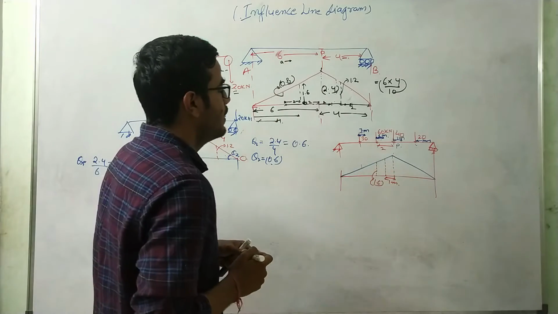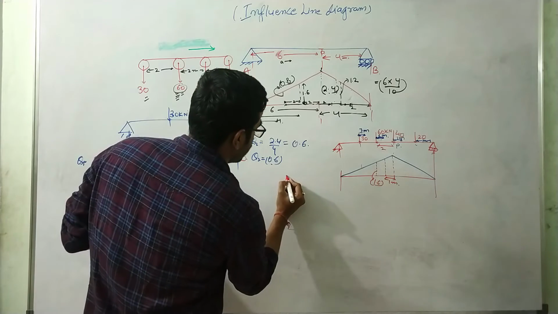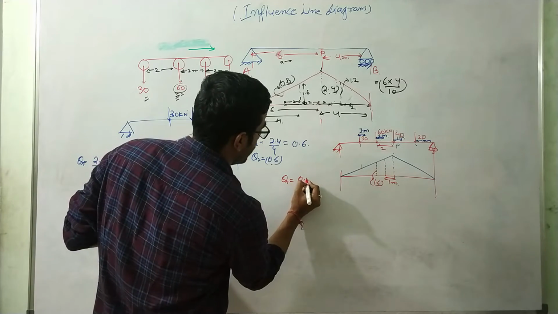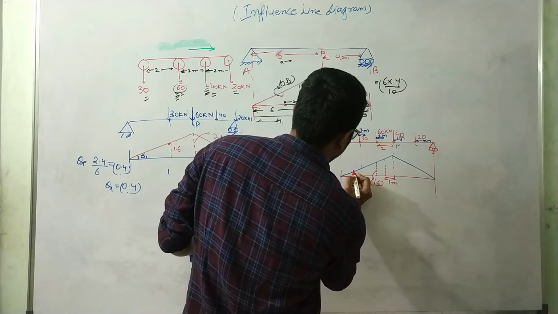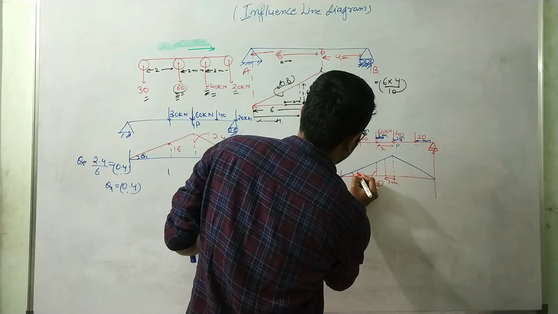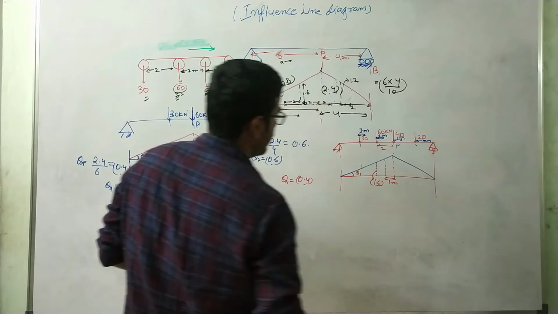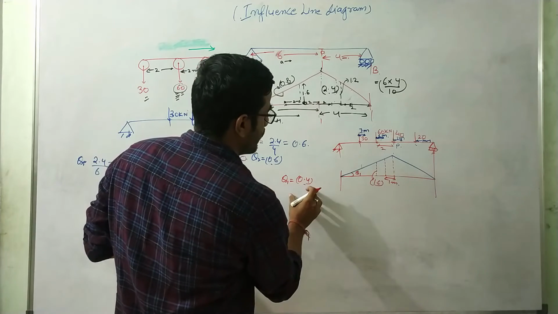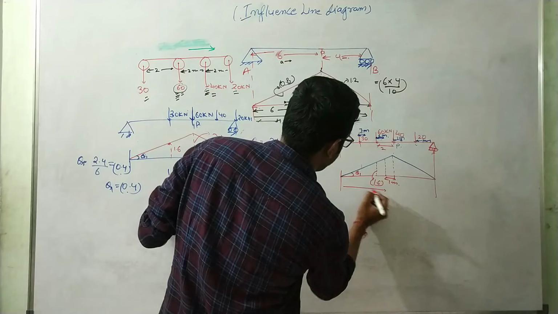Okay. So the ordinate, if we calculate over here, this θ1 is 0.4, right? So this θ1 is 0.4 and this distance will become 5 meter.